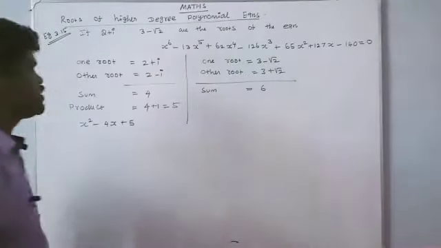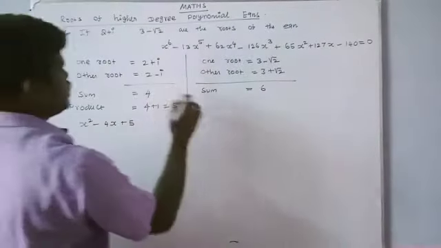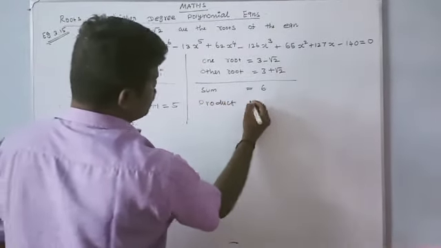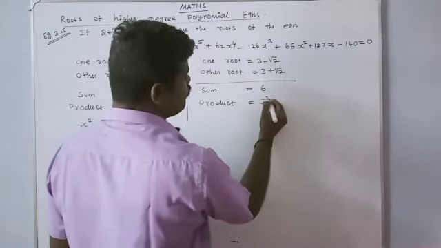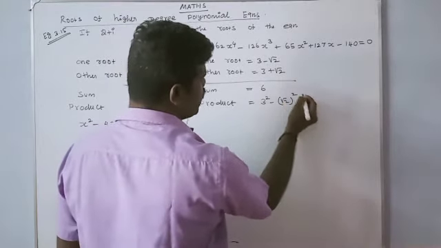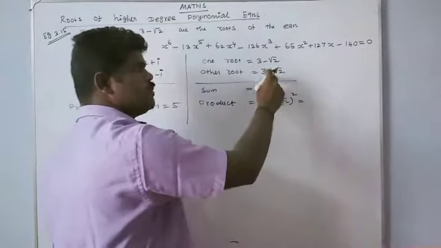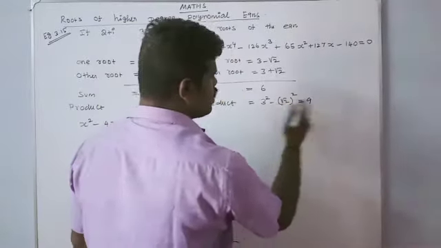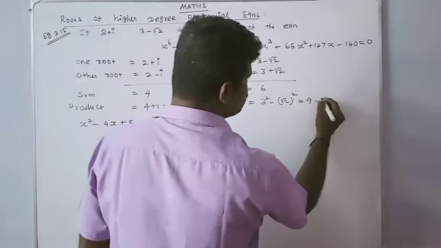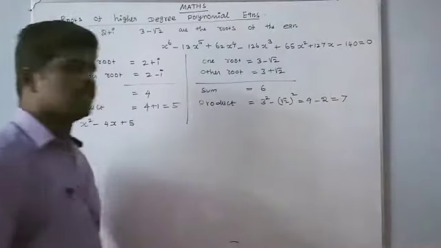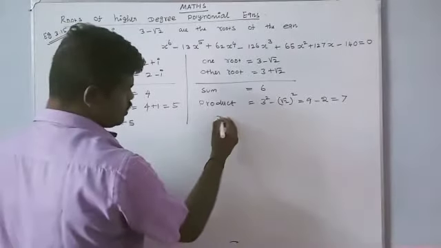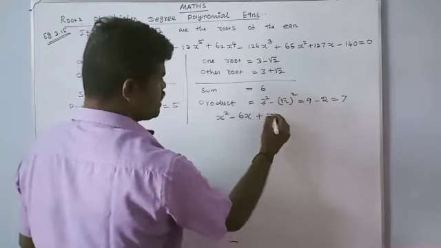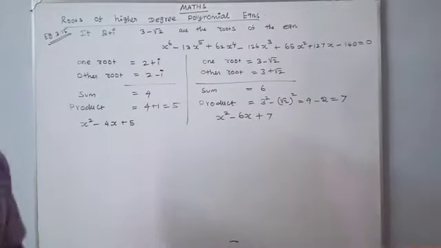Product of the roots is 3 squared minus root 2 whole squared, a squared minus b squared, 9 minus 2, which is equal to 7. The other quadratic factor is x squared minus 6x plus 7. These are the two factors.